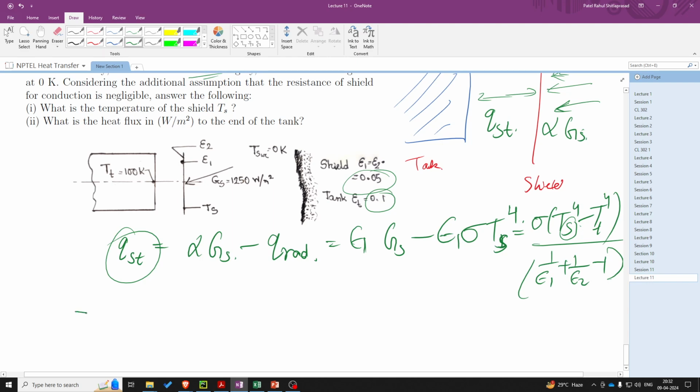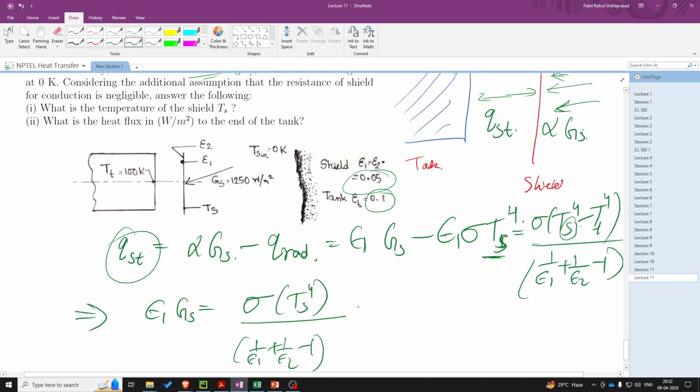So now we can just replace these values as epsilon 1. We have to find this value of Ts raised to 4. So we can write this as epsilon 1 Gs is equal to sigma Ts raised to 4 into 1 plus epsilon minus 1.